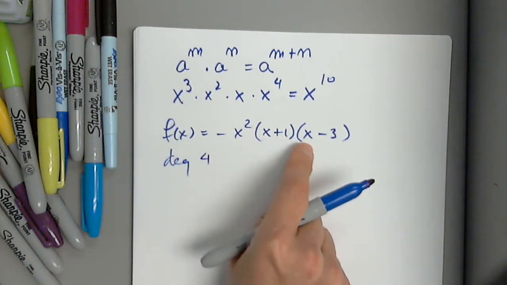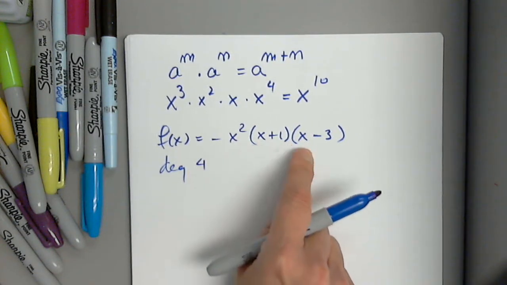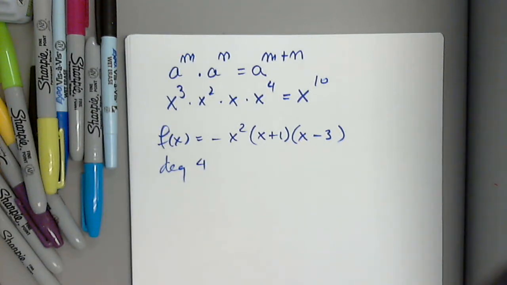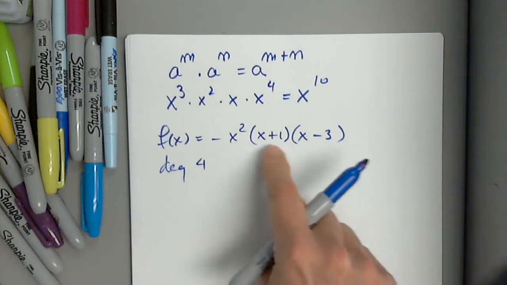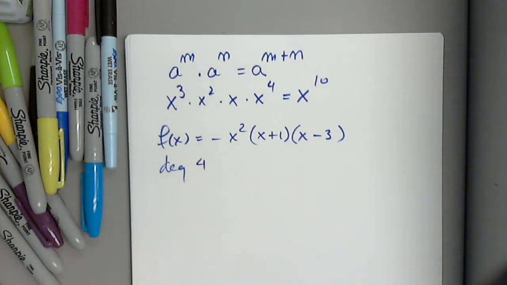Copy the base, add the exponents: degree 2 plus degree 1 plus degree 1. Linear, quadratic. So when we multiply two linear factors and a quadratic, we get degree 4. Is that okay, everyone? Perfect.